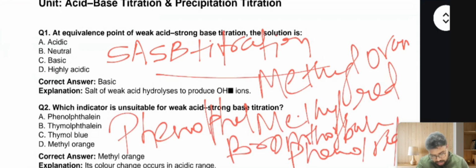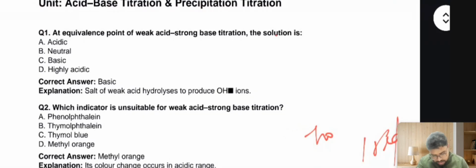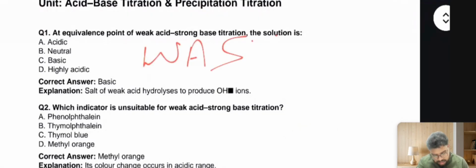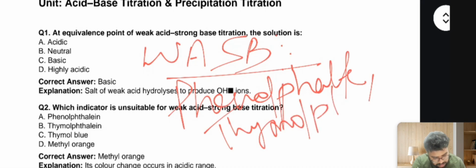Let's see another: weak acid and strong base. Which indicators do we use? First one is phenolphthalein, then thymolphthalein and thymol blue.